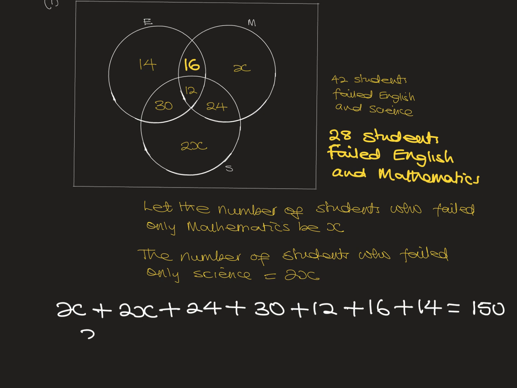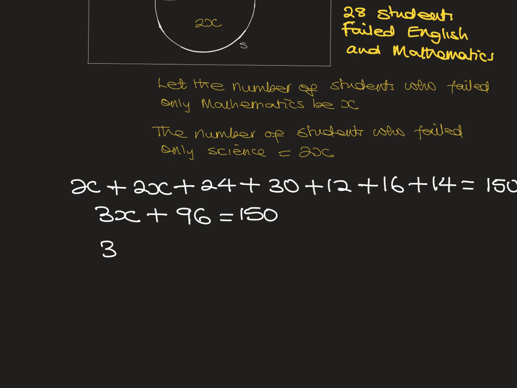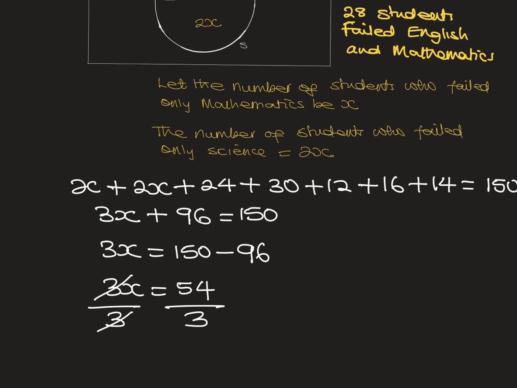So X plus 2X is 3X plus 24 plus 30 plus 12 plus 16 plus 14 is 96. This is equal to 150. So 3X is equal to 150 minus 96. 3X is equal to 54. To find X, you divide both sides by 3. So this will cancel this.